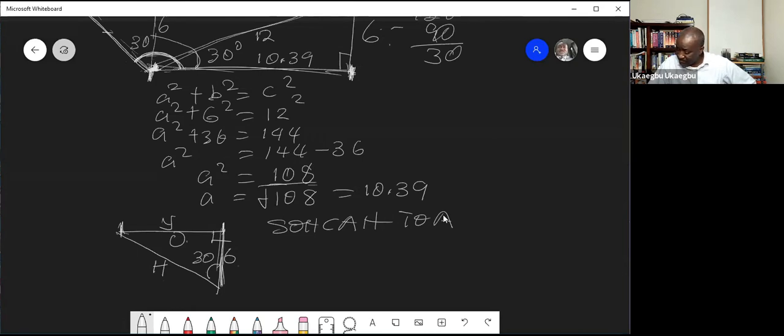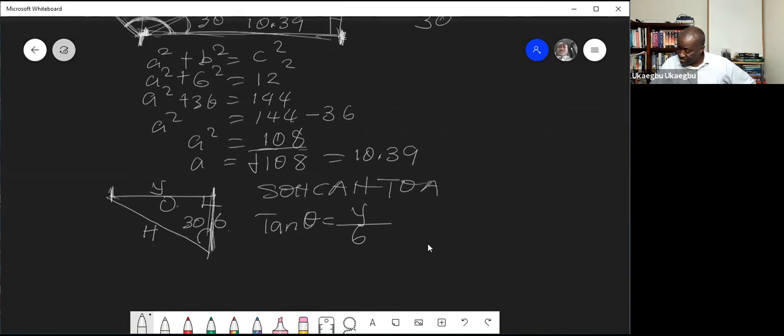So tangent has everything you need. Tangent of theta is the opposite, which is what they are looking for, divided by the adjacent, which is 6. So if you cross multiply, you have 6 multiplied by tangent theta is equal to y.